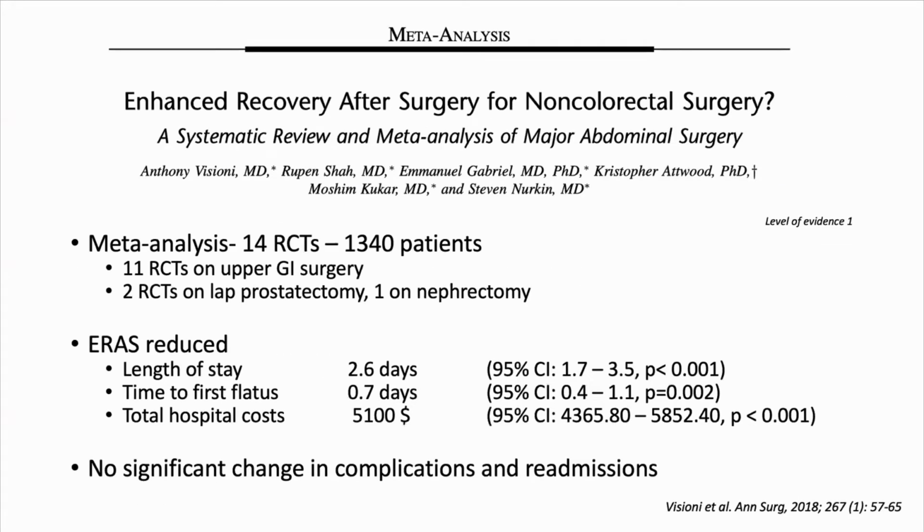There's also another fairly recent meta-analysis from 2018, which looked into major abdominal operations other than colorectal surgery. This systematic review and meta-analysis had 14 RCTs with a total of 1,300 patients. Most of the RCTs were on upper GI surgery, but there were also 3 studies on urological surgery.